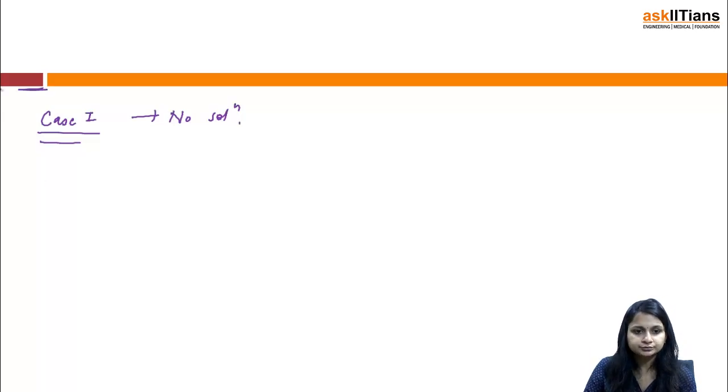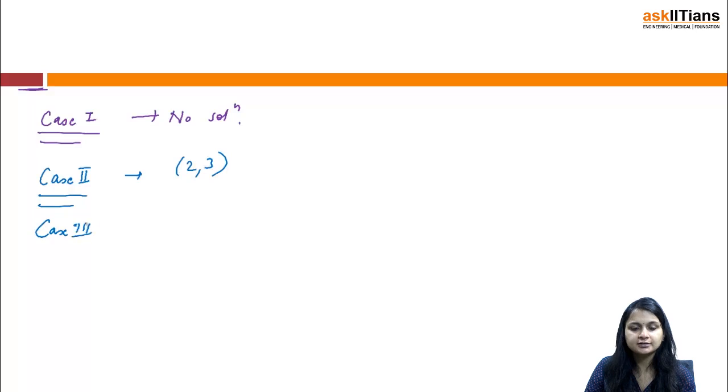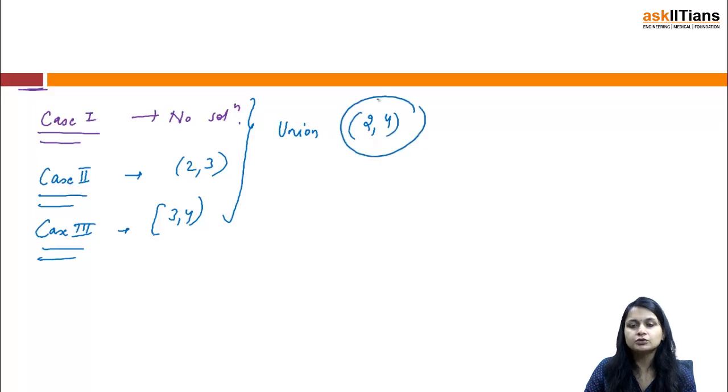Under case 2 I had (2, 3). In case 3 I had [3, 4). So here 3 is not included, here 3 is included, right? So the complete solution would be the union of all of them. So this would give me (2, 4) with the round bracket. So this will be my complete solution.